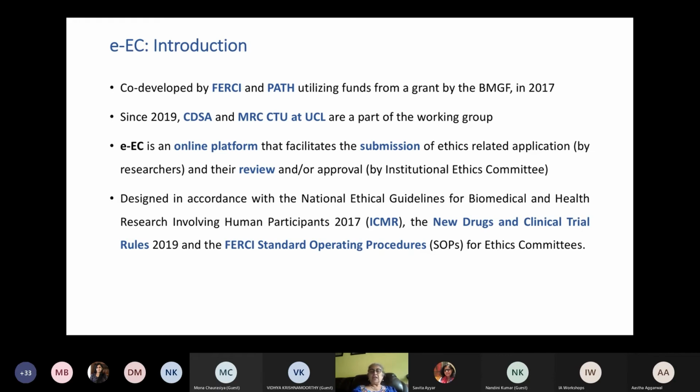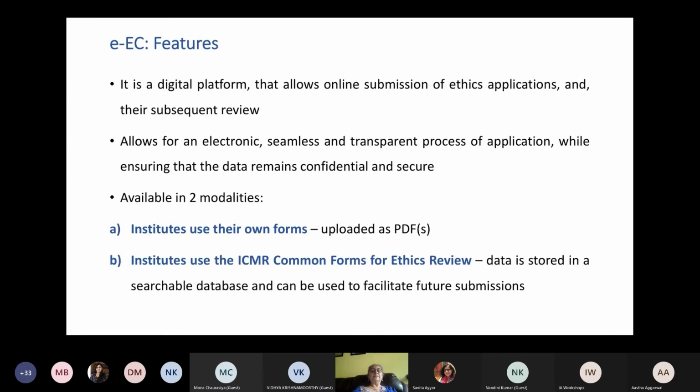And it has been essentially designed in accordance with the National Ethical Guidelines for Biomedical and Health Research Involving Human Participants, the ICMR Guidelines 2017, and it is compliant with the New Drugs and Clinical Trial Rules and the FERC SOPs for ethics committees. It allows for online submission of ethics applications and their subsequent review, allows for an electronic, seamless and transparent process of application while ensuring that the data remains confidential.